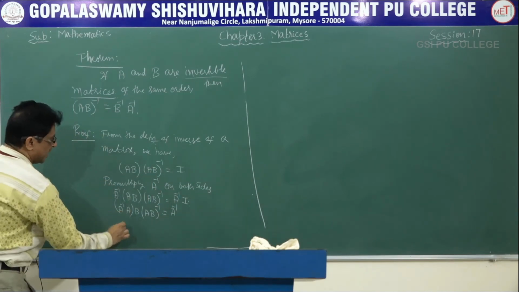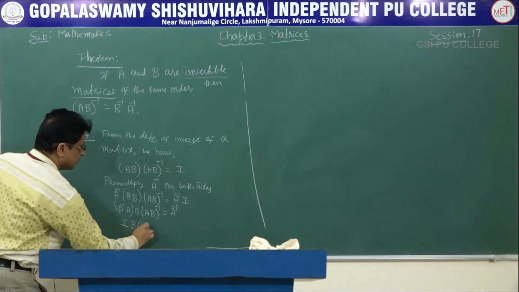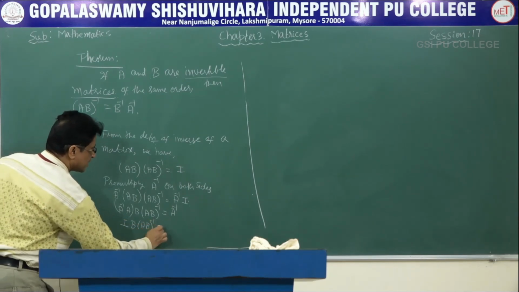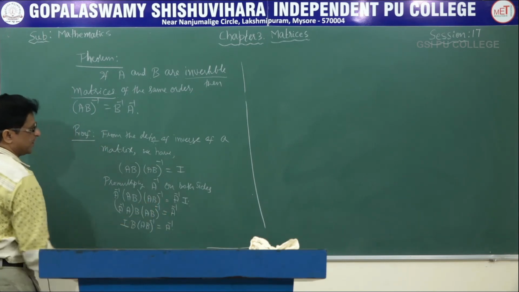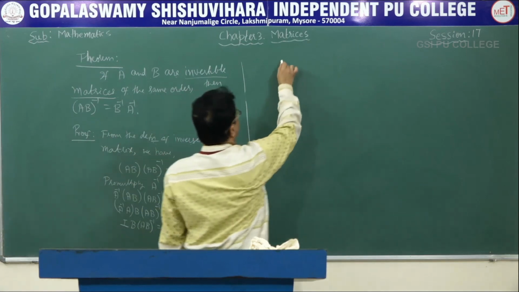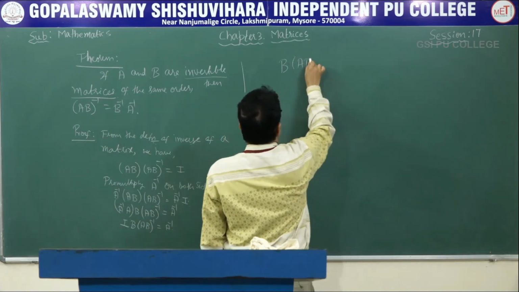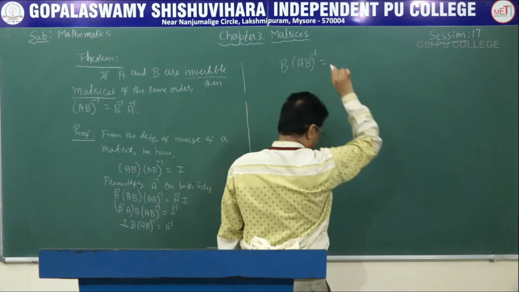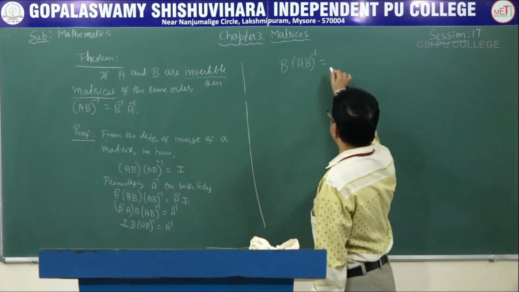A inverse into A will be equal to I, so I into B into AB whole inverse is equal to A inverse. So I into B is nothing but B. So B into AB whole inverse is equal to A inverse.